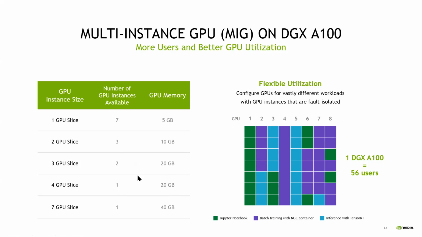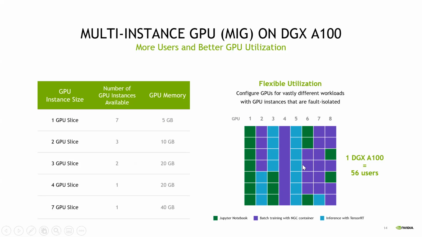Okay. And then over here you can see this is the whole of the server. Now you can do mix and match flexibility utilization: the first GPU is being utilized by seven users altogether, and then this GPU is also being utilized by seven users altogether, and this GPU is being utilized by seven users altogether. Here the first GPU is used for Jupyter notebooks, 60% of the second GPU is being used for training, and then 30% is used for testing and inferencing, and then again this over here.